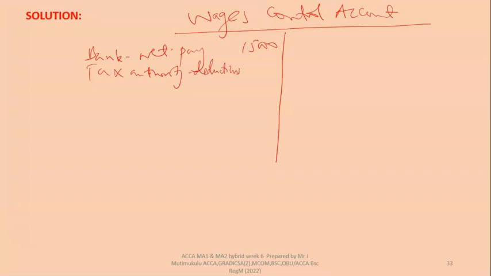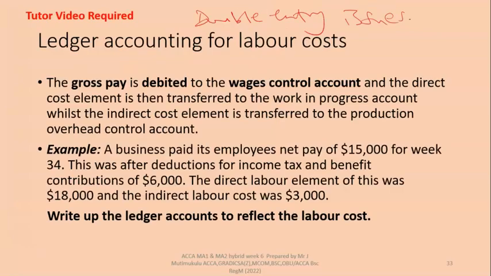We're talking about the net pay here, as well as these deductions of 6,000.